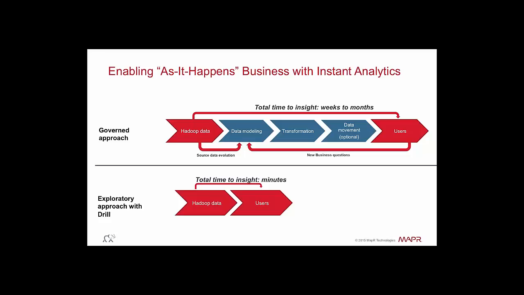But the total time to insight for that scenario typically runs from a few weeks to sometimes months even, because it takes time to process all of this information. You have to prioritize with IT. There's a lot of elapsed time, even if the actual work is less.